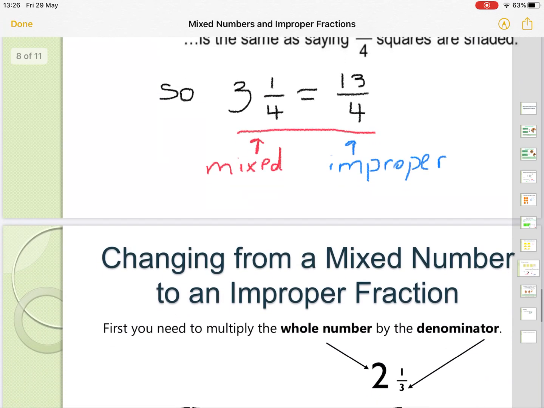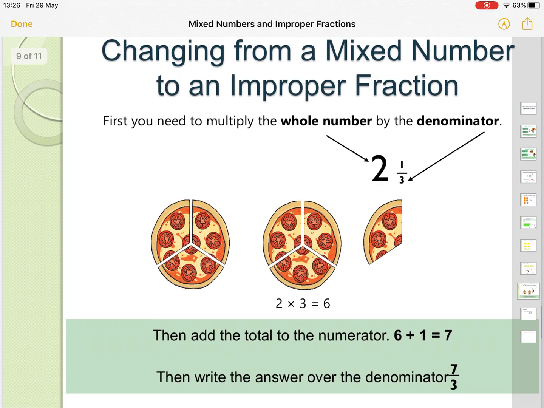Now, let's continue. Let's start changing from a mixed number to an improper fraction. When we have a mixed number, like 2 and 1/3, 2 is the whole, 1/3 is the proper fraction. There is a mix. First, I need to multiply the whole number, the 2, by the denominator, which is 3. 2 times 3 is 6. But then I do not stop there.